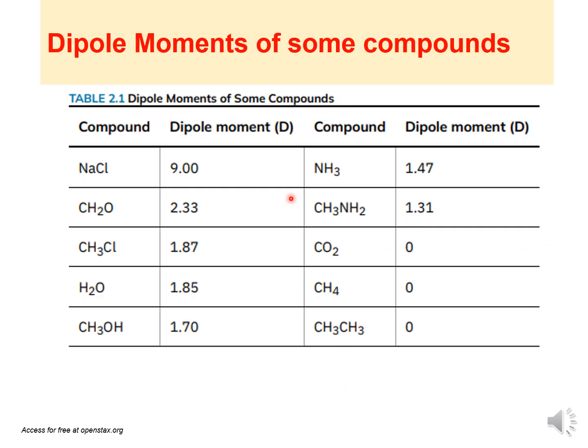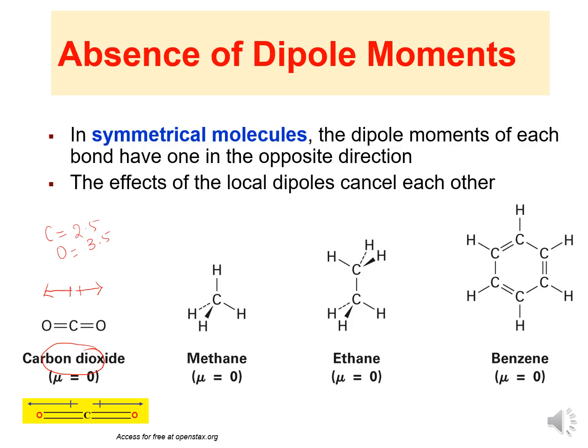Now in this table, there are molecules which have a value of dipole moment, and the higher the value, the more polar the compound is. But there are some molecules here which have a zero dipole moment. So let's talk about when molecules can have a zero dipole moment. The easiest way to look at it is that if the molecule has no polar covalent bond, then the molecule will have a dipole moment equal to 0.